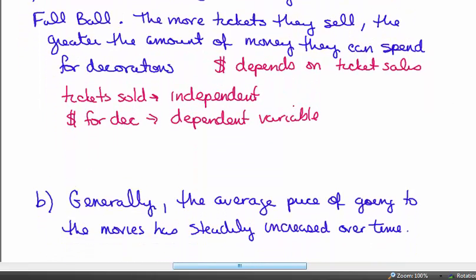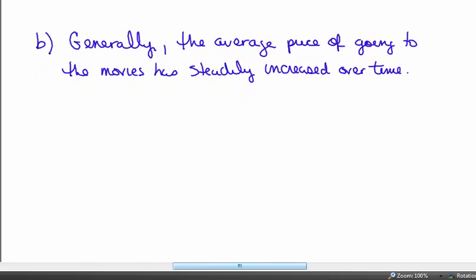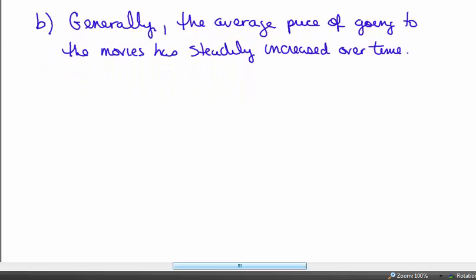Okay, our next example. Generally, the average price of going to the movies has steadily increased over time. So the price depends on the time. Right?